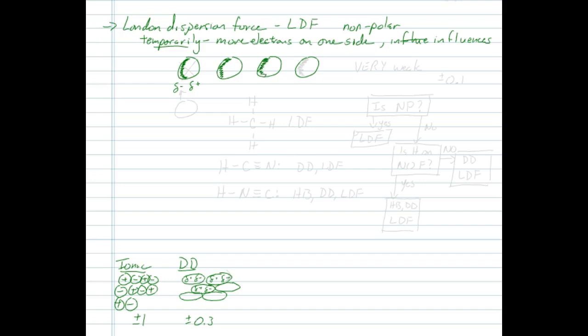That one's going back over. Now, the problem with this is it's temporary. By the time you get 4 or 5 down, this is no longer lopsided. It went back to being non-polar. So it happens very temporarily, and it's a very weak bond.